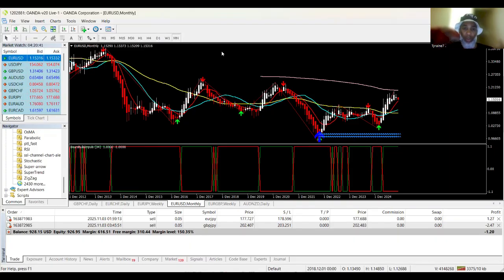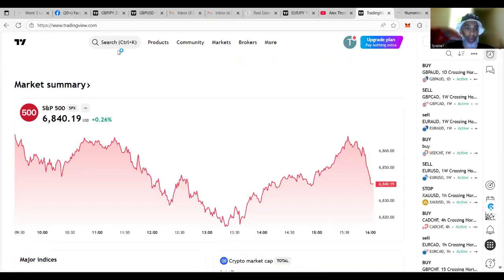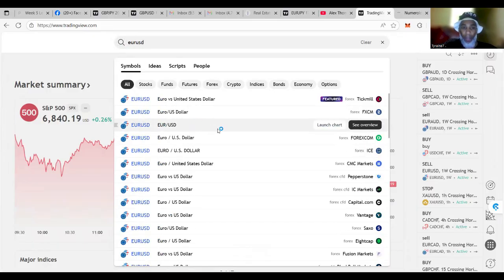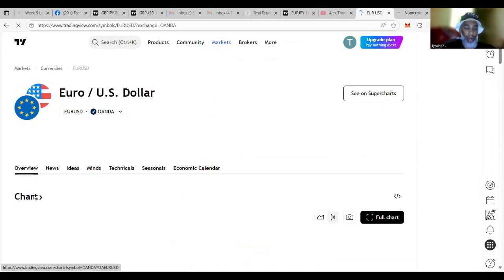We can actually go into TradingView, and let me share my screen again. We can go to TradingView, and we'll type in Euro USD. I think I've already drawn this chart up.